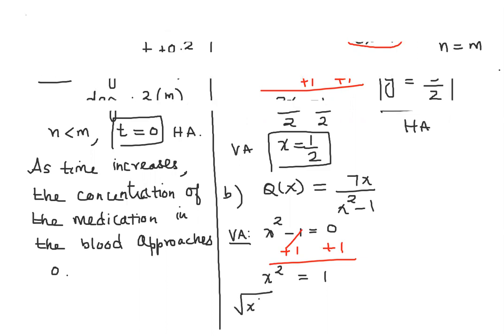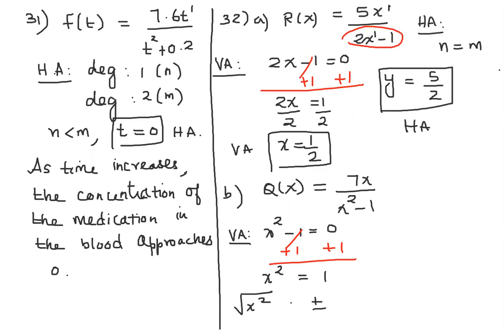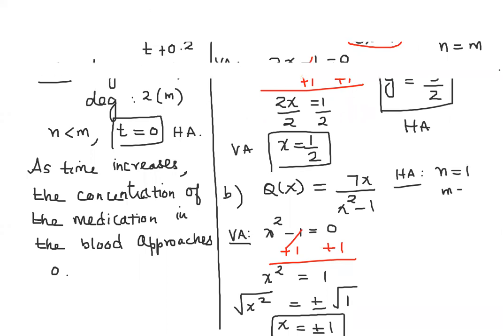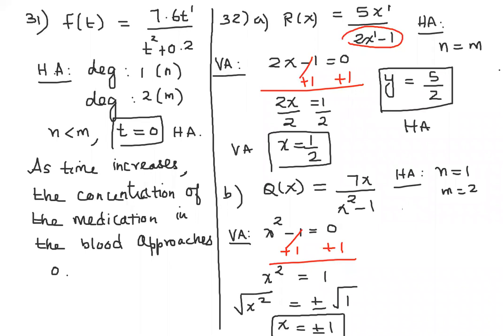X is going to be the square root of plus or minus, so we get x equals plus or minus 1. So there are 2 vertical asymptotes. And to find the horizontal asymptotes, the degree of the numerator is 1 and the denominator is 2. If it is less than the denominator, then y equal to 0 is the horizontal asymptote.